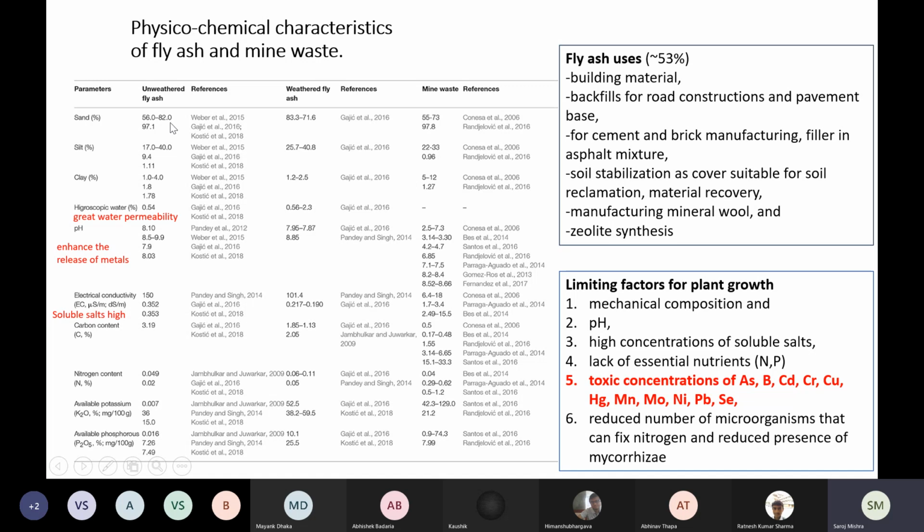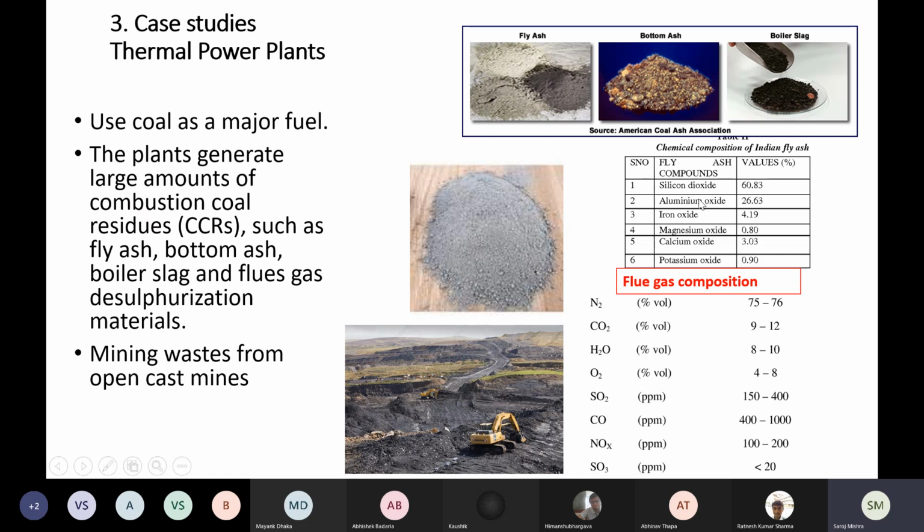That is the material which is actually silicon oxide, like you saw in the previous slide. When you look at the fly ash compounds, silicon dioxide makes up 60%, aluminum oxide makes up 26%, and silicon dioxide is nothing but sand.